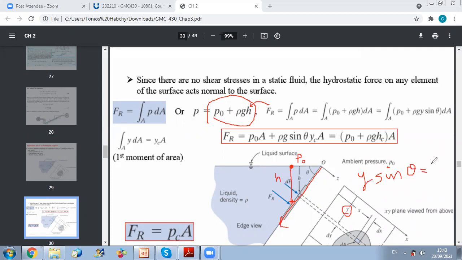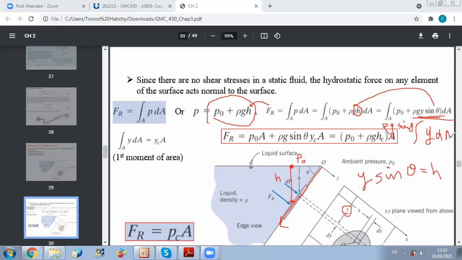Then we can replace H in our equation by y sine theta. When we perform the integration, we know that P0, rho, g, and sine theta are fixed, so we can take them outside of the integral. For this term, we take rho g sine theta as a factor, and inside the integral we get y dA.